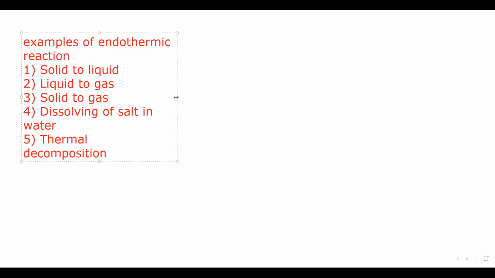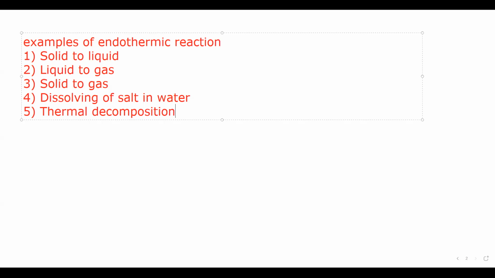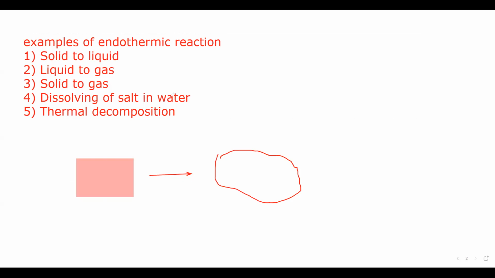So examples of endothermic reactions: a solid turns into a liquid. Initially we have a solid, and that solid turns into a liquid. How will this solid turn into a liquid? It is by absorbing heat energy. So if heat energy is taken in, we call this reaction an endothermic reaction.